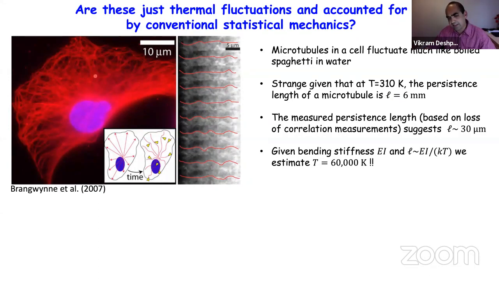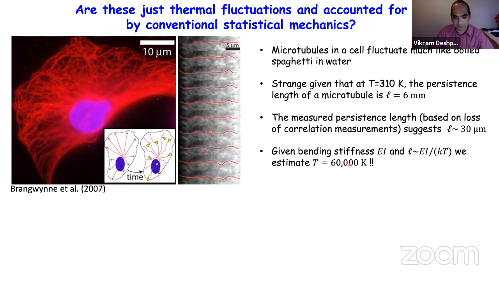So given that the persistence length is so long, this microtubule should, for all practical purposes, behave like a rigid rod inside this cell, but it's not. The measured persistence length, based upon the loss of correlation of these shapes, they measured to be 30 microns. And now if you put that into the persistence length formula, with the temperature, you back out an effective temperature of 60,000 Kelvin.